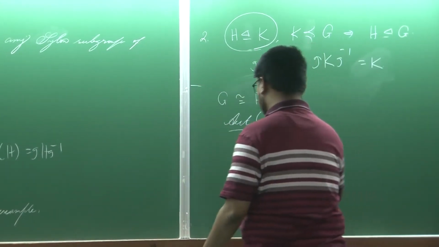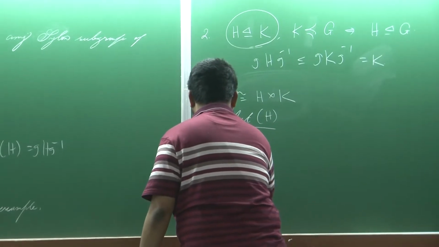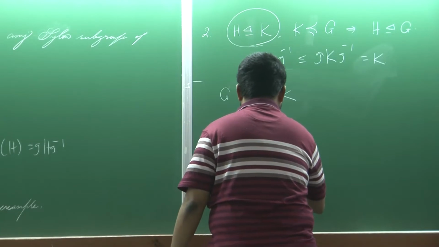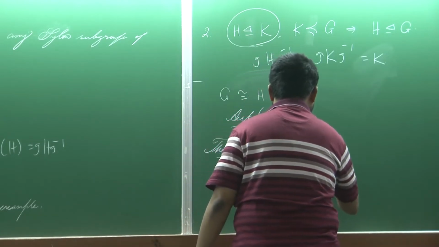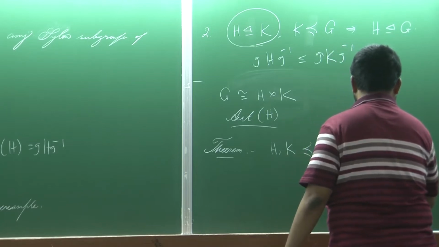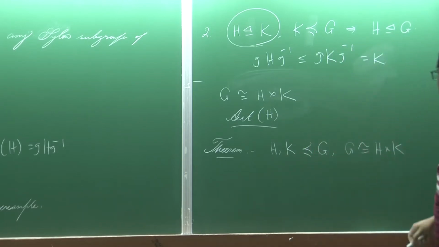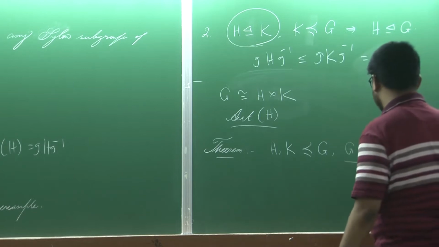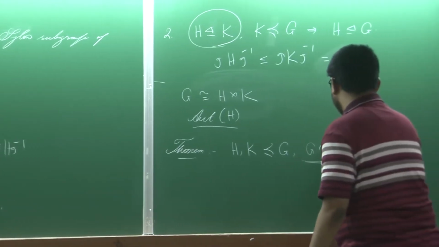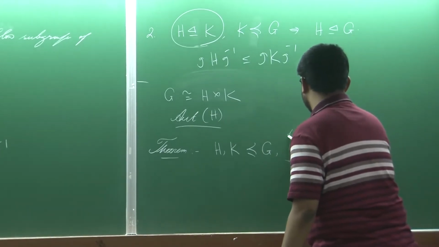So what we are going to see is, basically you can record it as a theorem. H and K are characteristic subgroups of G, and G is isomorphic to H direct product K. Recall what this means. As I have already said, unless otherwise mentioned, this isomorphism is precisely this map.